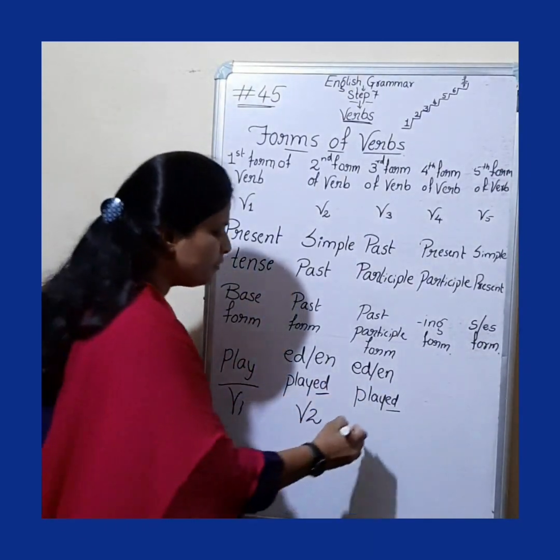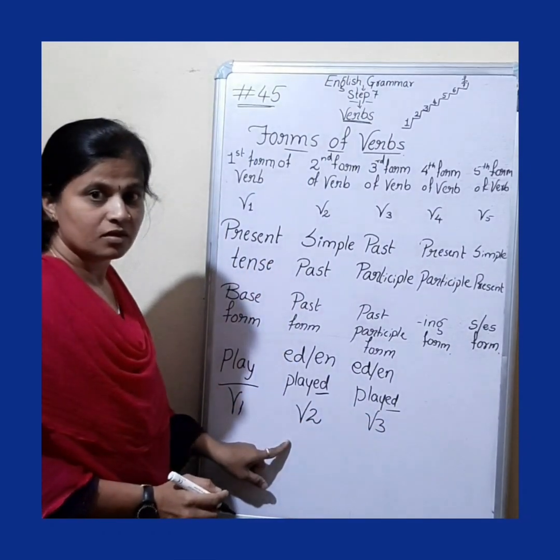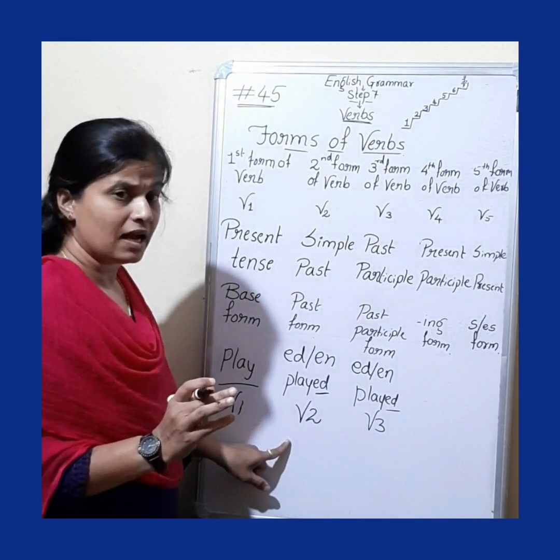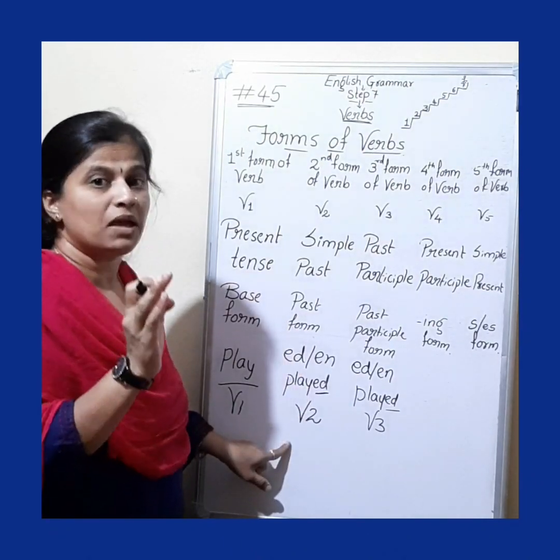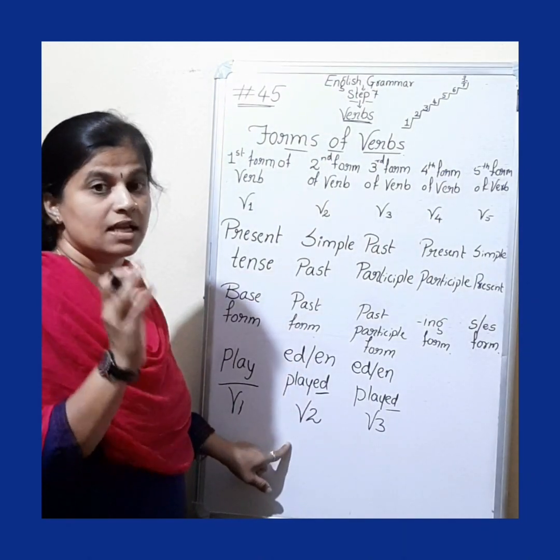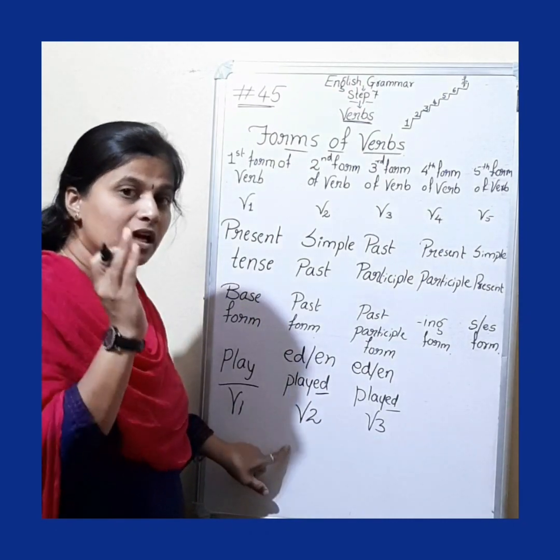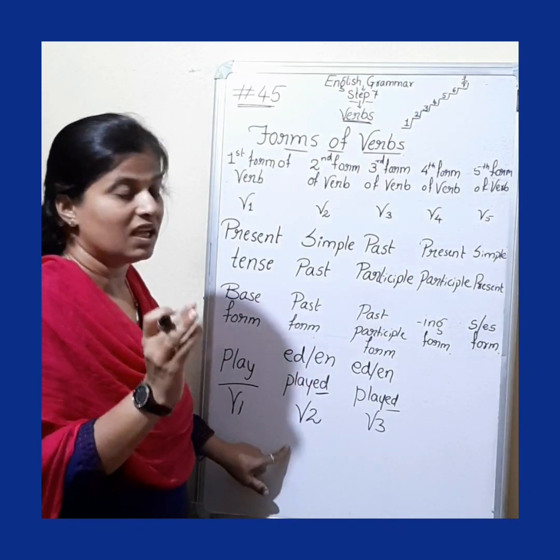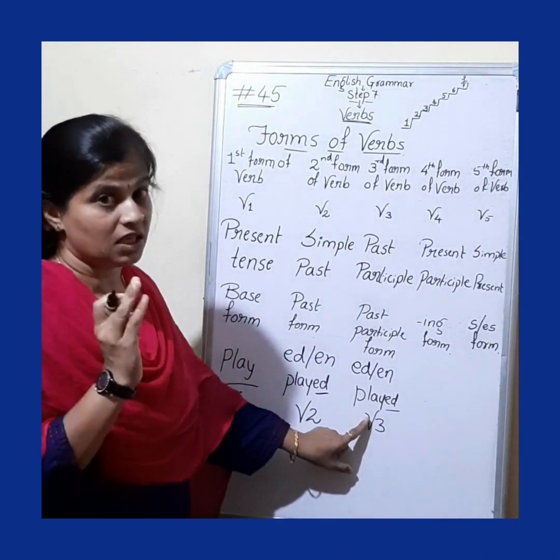So what is the difference between V2 and V3? Okay, remember that in case behind the main verb, if there is a helping verb, okay, behind main verb, if helping verb is written over there, then that word is considered as V3.